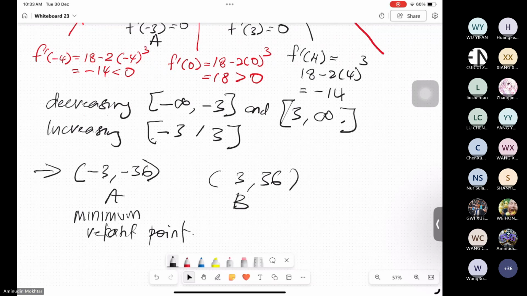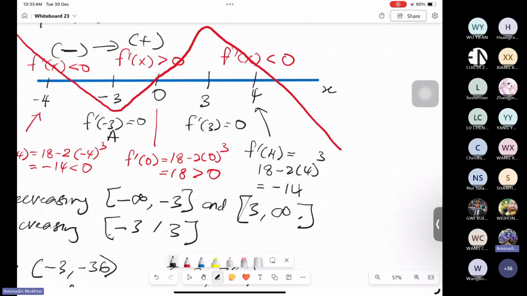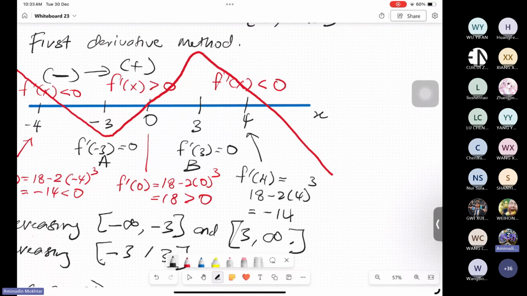Whereas at point B, when x equals 3, the sign of the slope changes from positive to negative.